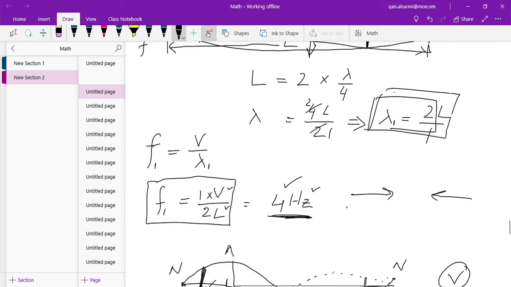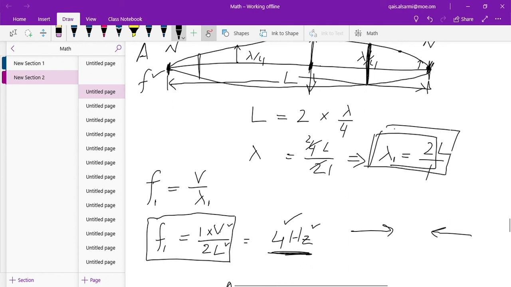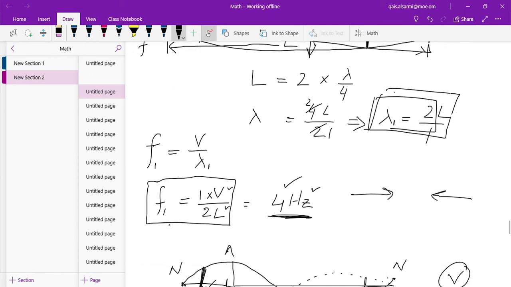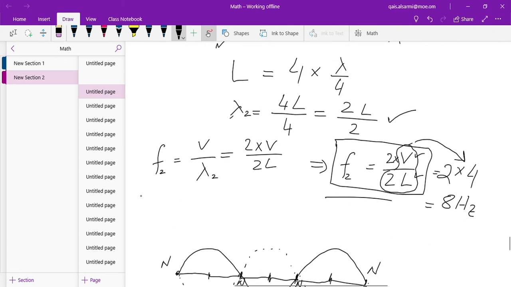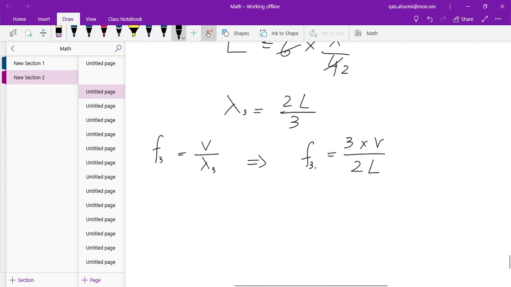Because if you look at the sequence of the frequencies, the frequency for the first mode of vibration is 1V over 2L. The frequency for the second mode of vibration is 2V by 2L, and the frequency for the third mode of vibration is 3V over 2L.